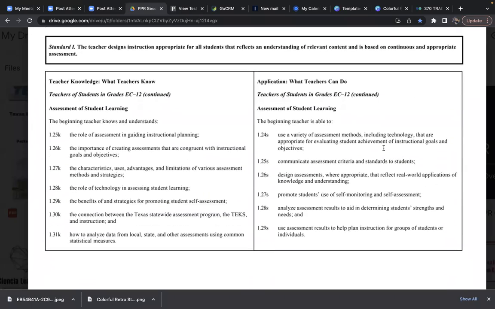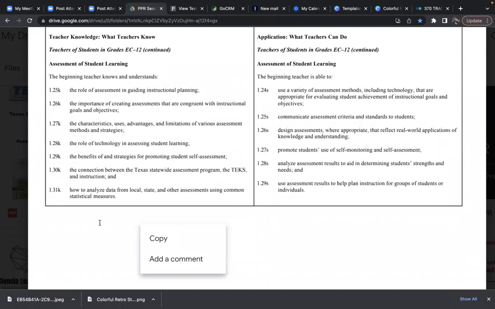The last leg of standard one, and standard one, I'm just going to write this here. Standard one equals domain one, right? 100% of domain one, but it is also 1/3 of domain three.